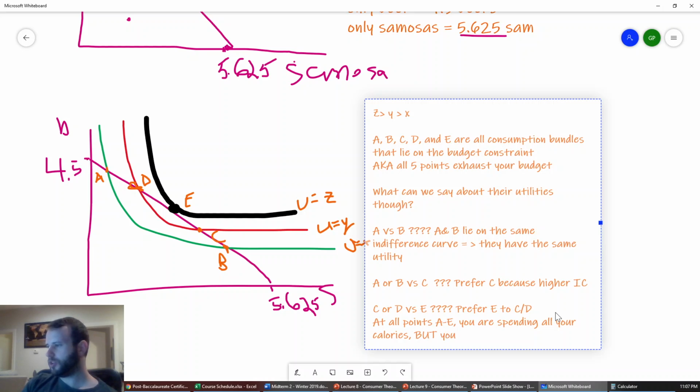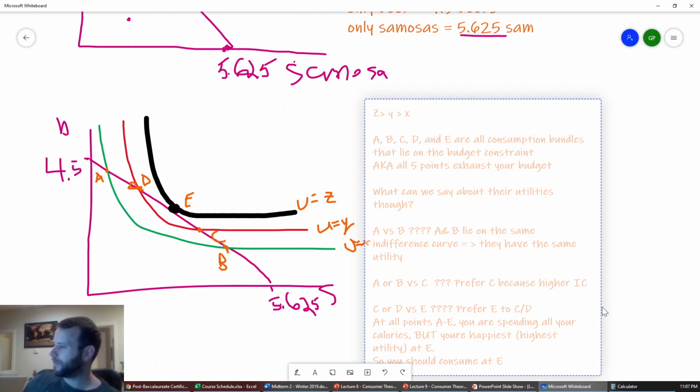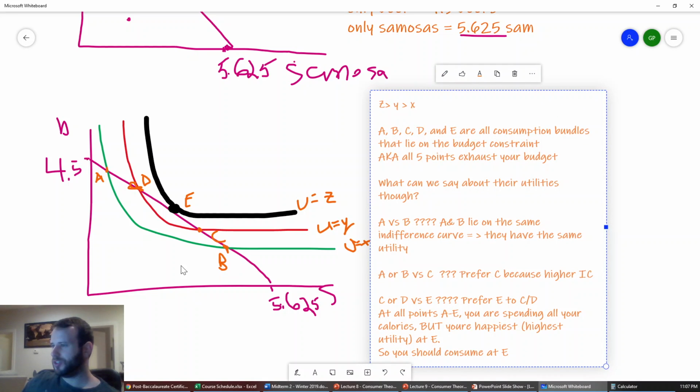But your highest utility is at E. So you should consume at E. Obviously, you should consume at E, right? If you're out of money or out of calories at C, but you're not as happy as you could be, obviously you'd want to be happier, right?